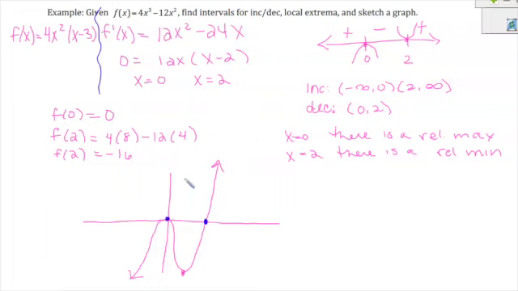So the algebra 2 stuff still does come into play. Again, guys, my sketch is not great. I could label this point if I really wanted to, but it's perfect for what I know. I'm increasing at the right spots, I'm decreasing at the right spots, and I have my maxes and my mins at the right spots. And that's really all I need at the moment.